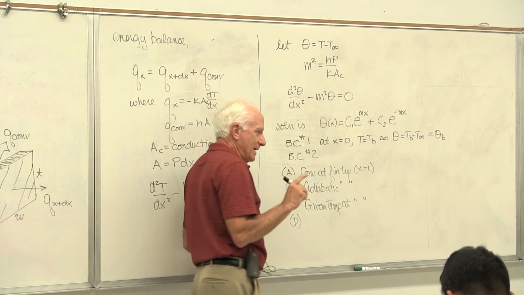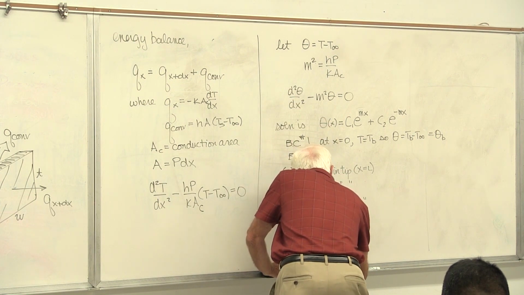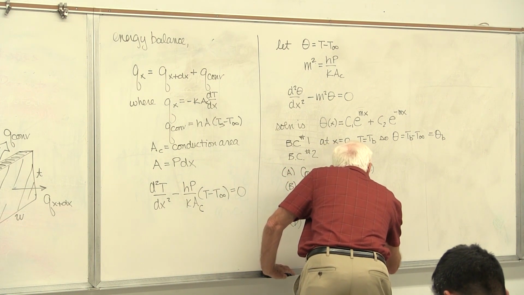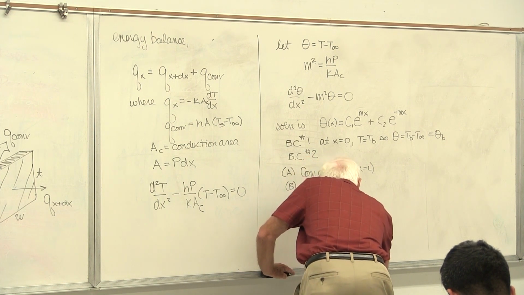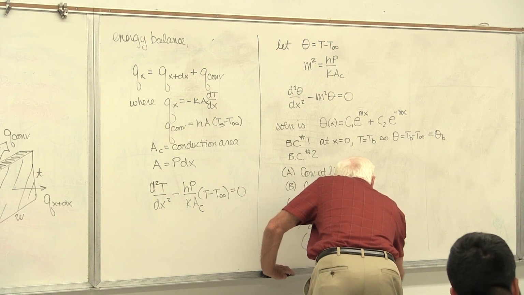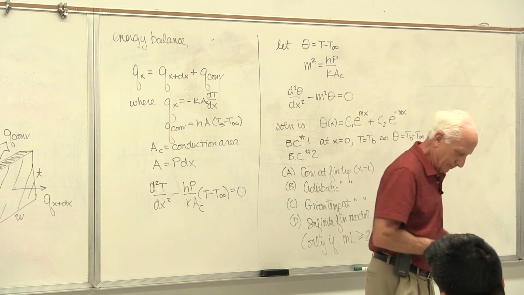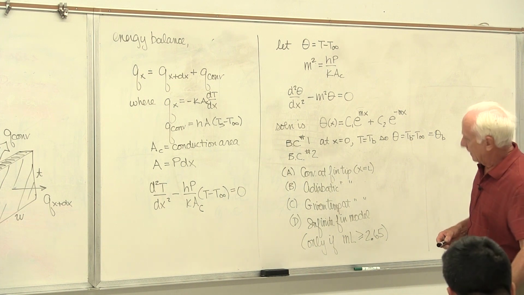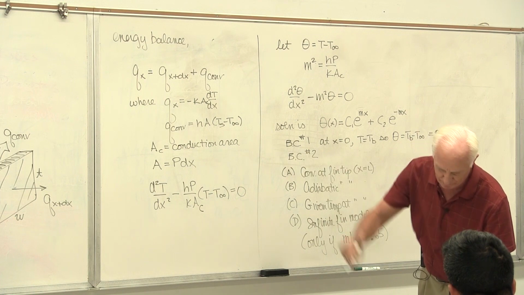The fourth one, we may be able to model the fin as being infinitely long. Only, you have to check this, only if m times L is greater than or equal to 2.65. We'll talk about that in just a minute. Okay, now those are the 4 possibilities at the tip of the fin out there.